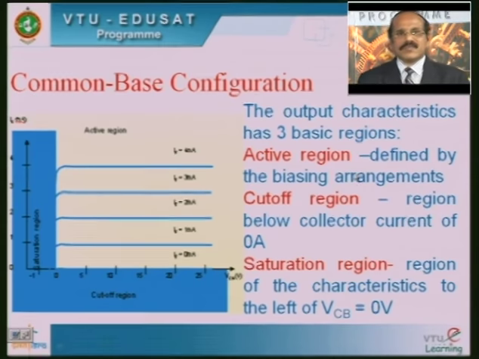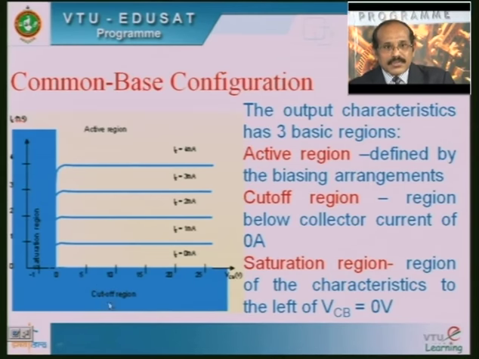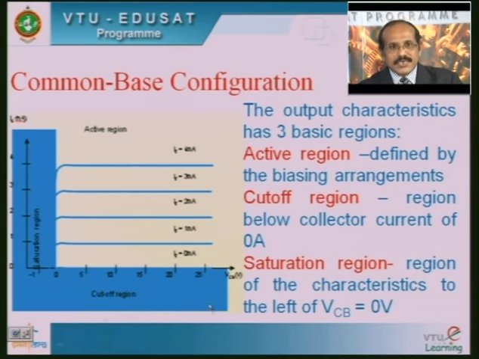In the case of cutoff, the region below the collector current IC of 0 ampere, the blue region you can see here, is nothing but the cutoff region. The region to the left of VCB equal to 0 we call the saturation region.